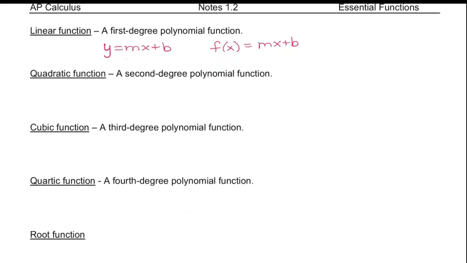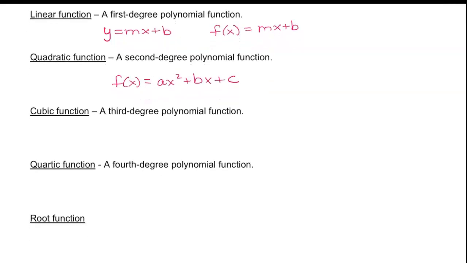Next is a quadratic function. A quadratic function is of the form f of x equals a x squared plus bx plus c. A third degree polynomial function, we'll call that a cubic, looks similar to the quadratic, and we're going to write that as a sub 3 x cubed plus a sub 2 x squared plus a sub 1 x plus a sub 0.